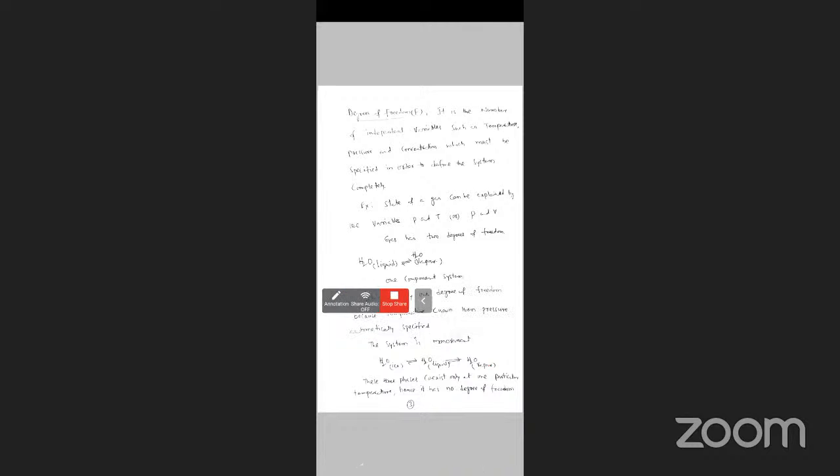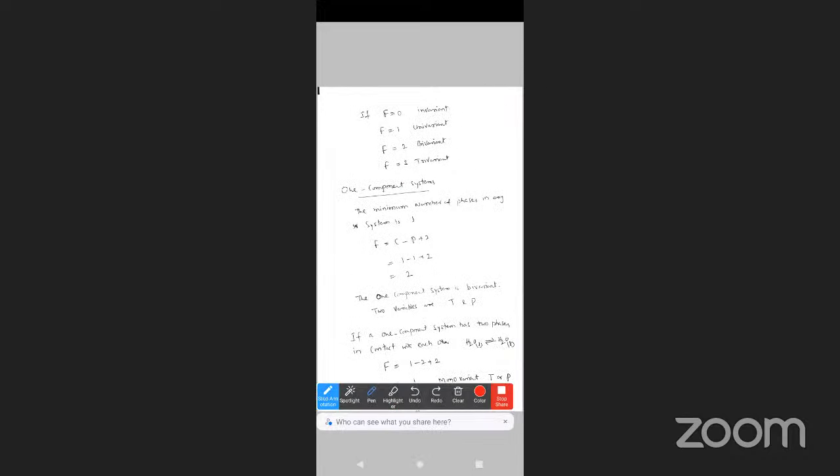So is it clear up to this terminology and Gibbs phase rule? Now, if F equal to 0, what do we call it? As we saw, invariant. When is invariant possible?